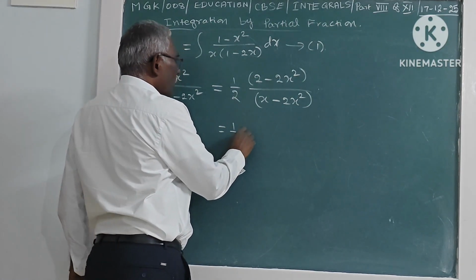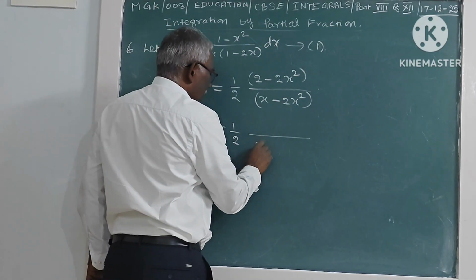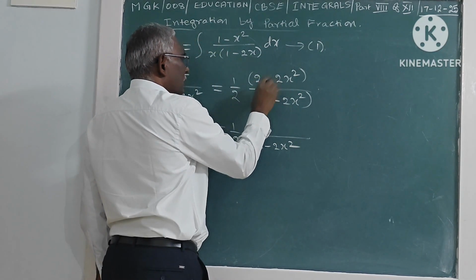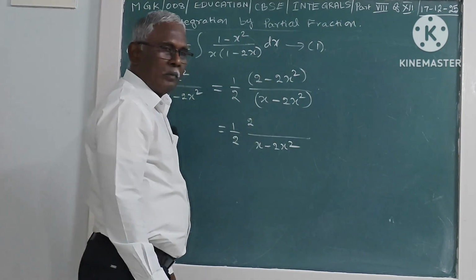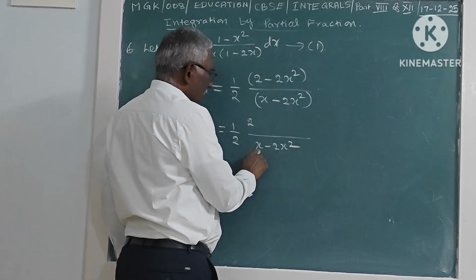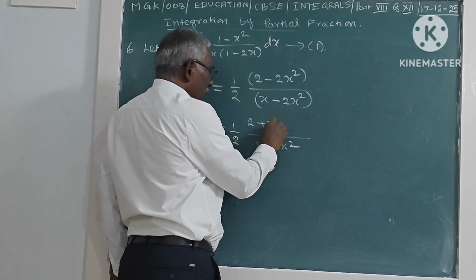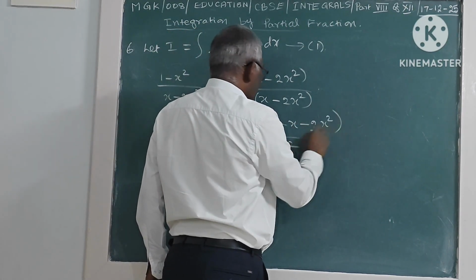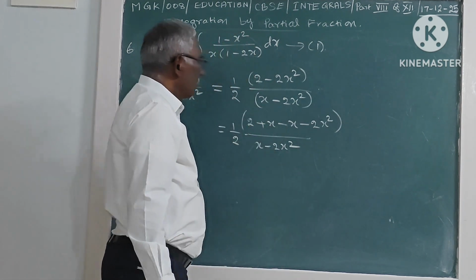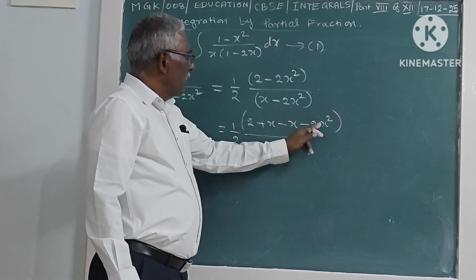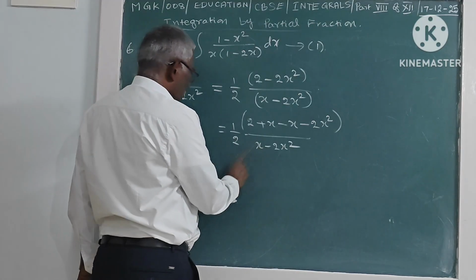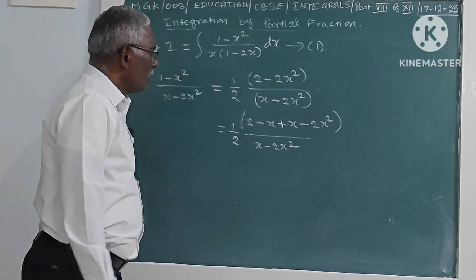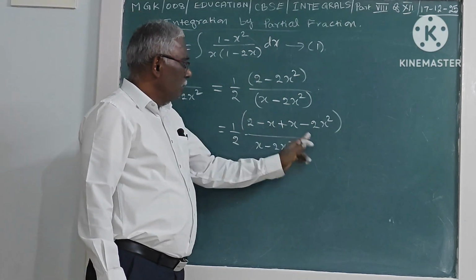Further we can write x minus 2x square is, here 2 plus x we want. So plus x minus 2x square. So x minus 2x square, or we can write 2 minus x plus x. Okay, 2 minus x plus x like this.